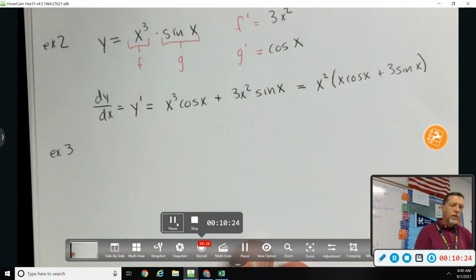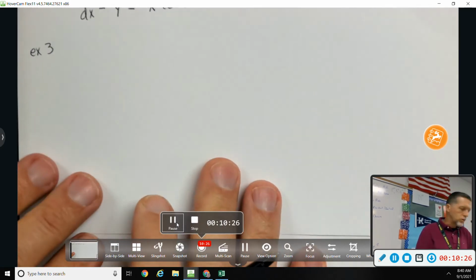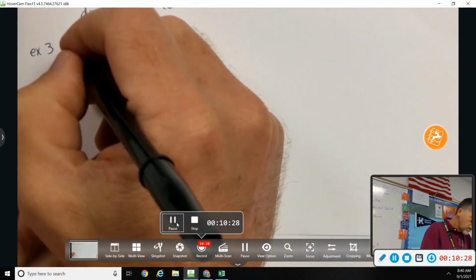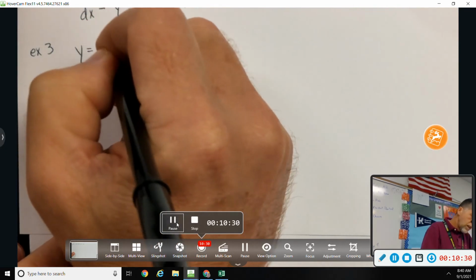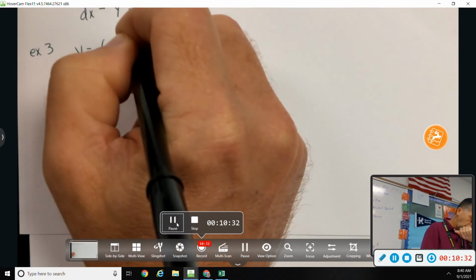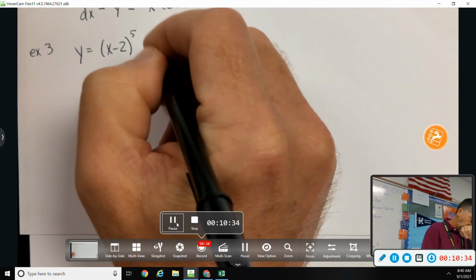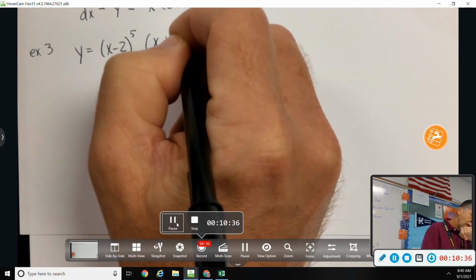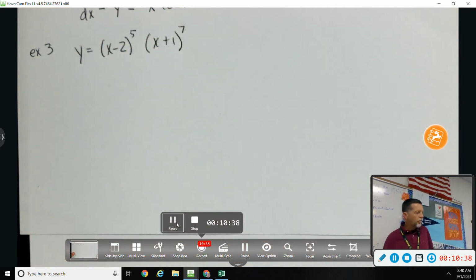Let's do one more product rule and then we'll go to quotient rule. x minus 2 to the 5th times x plus 1 to the 7th. Could you avoid the product rule on this problem?